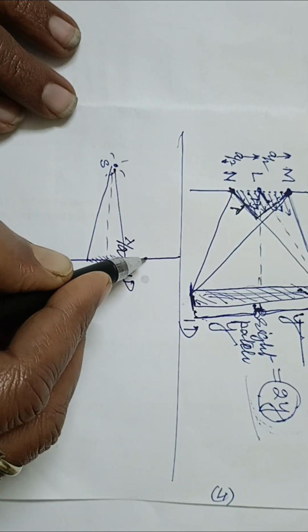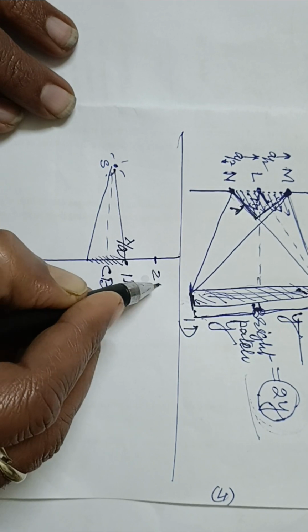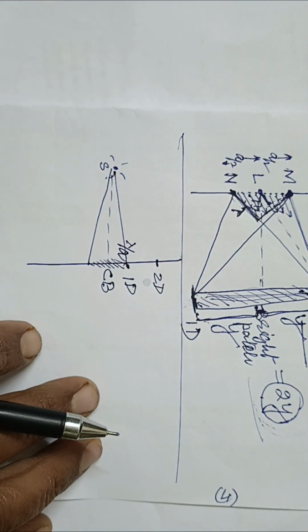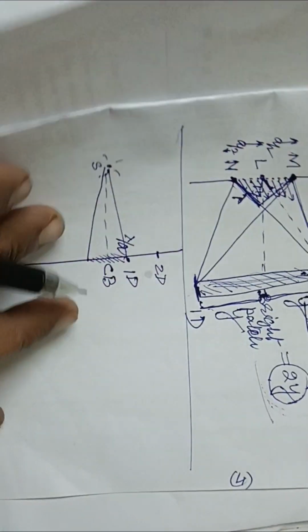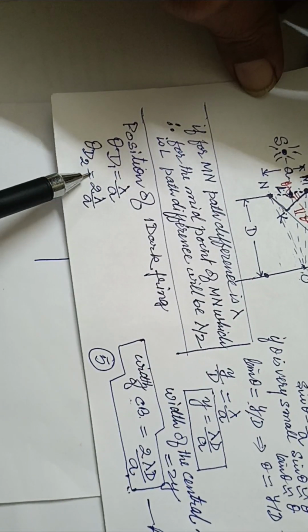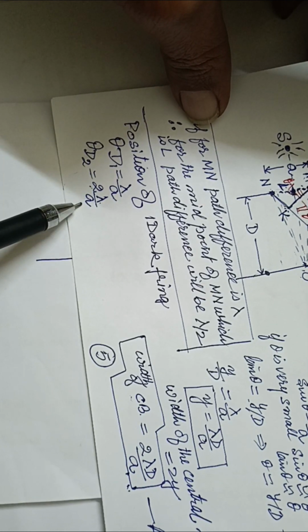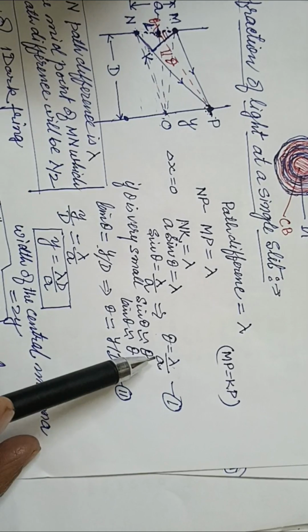Then the second dark, that you have just now seen, you are getting at 2 lambda by a. First dark you are getting at lambda by a from here.